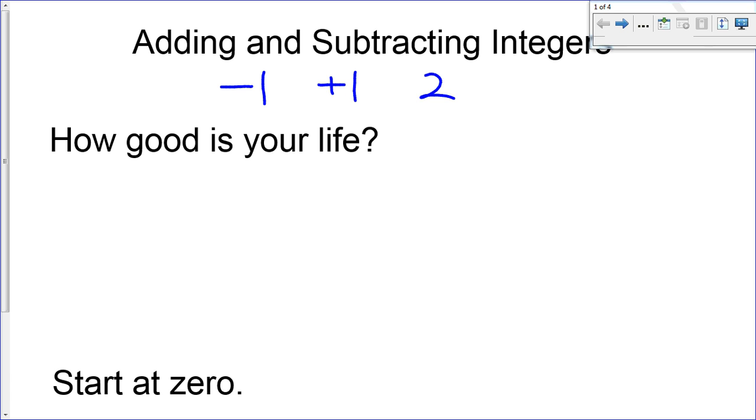For instance, if we had 2 plus 4, this first 2, even though there's no sign, positive or negative, it's a positive.